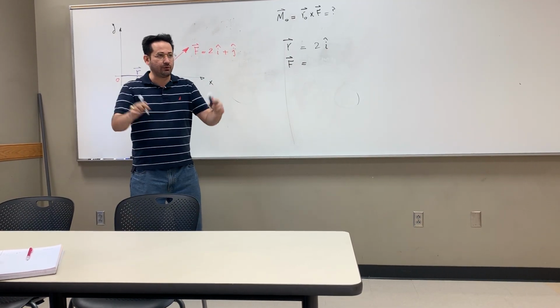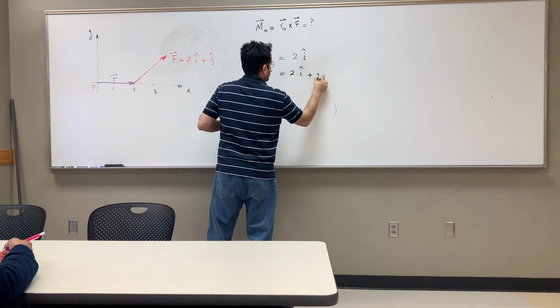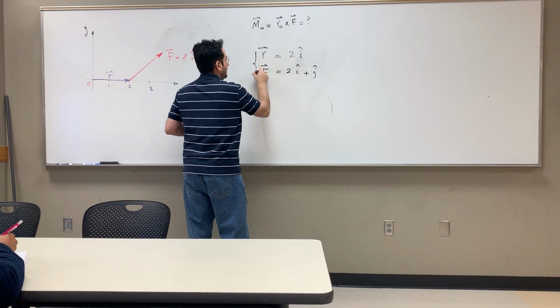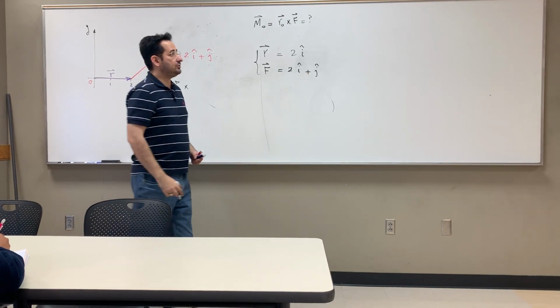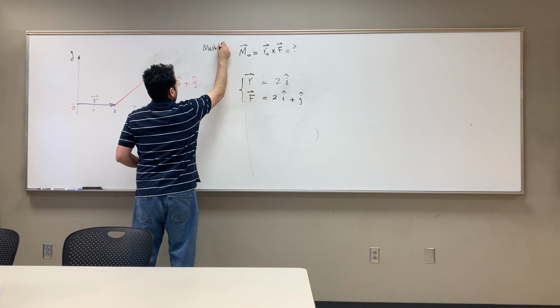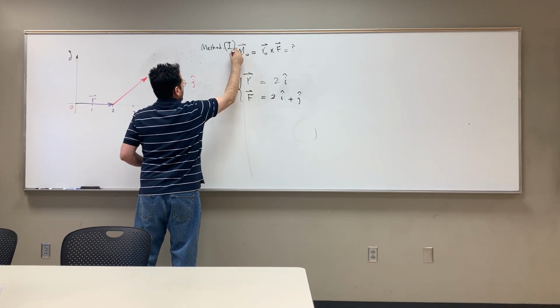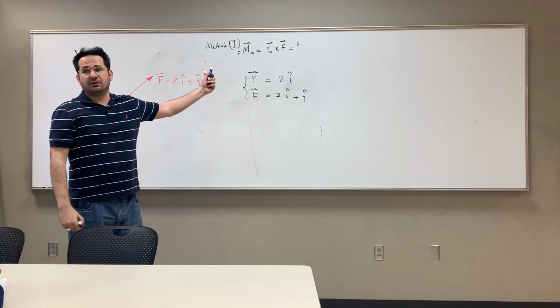You already have a lot of numbers, right? So you can always get things like 2i plus j, the Cartesian form. Now, let's just plug it there. This is method number 1, to find moment using cross product.